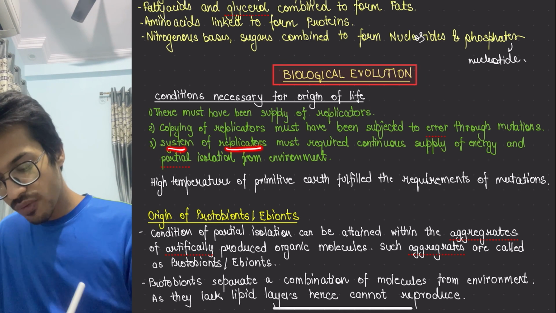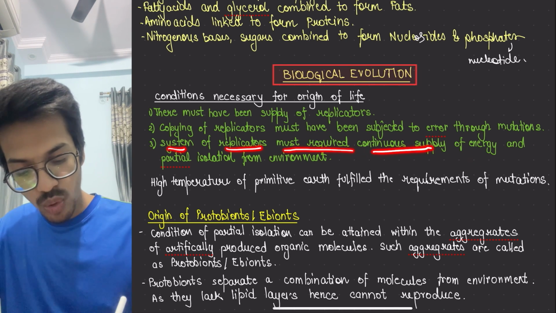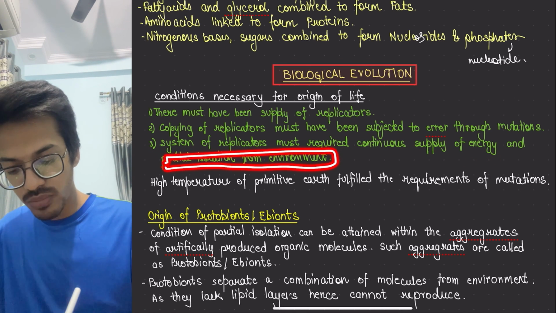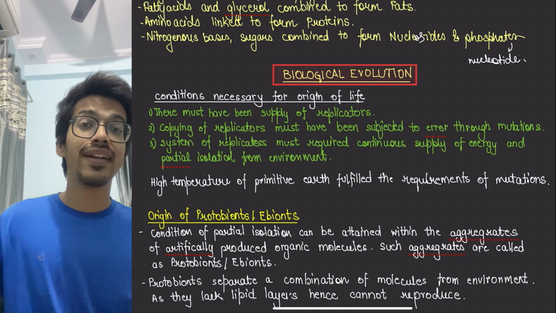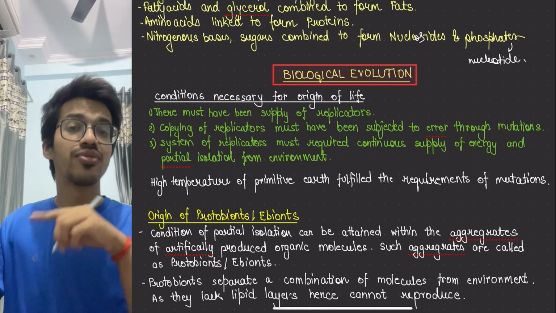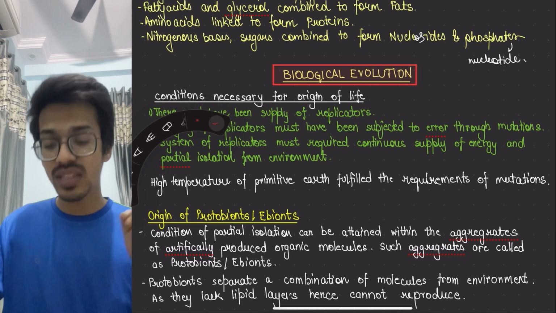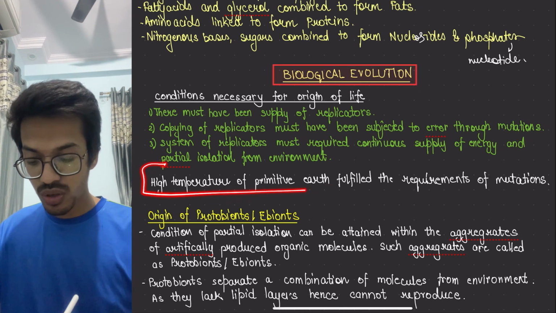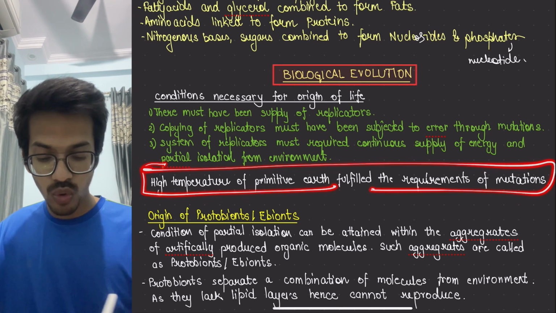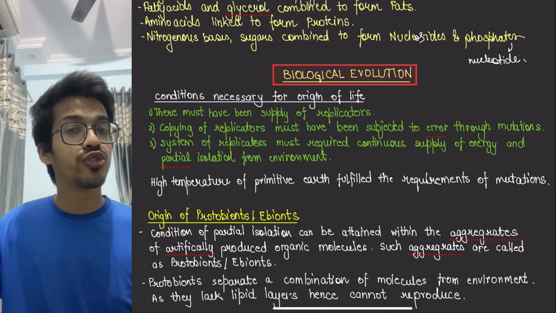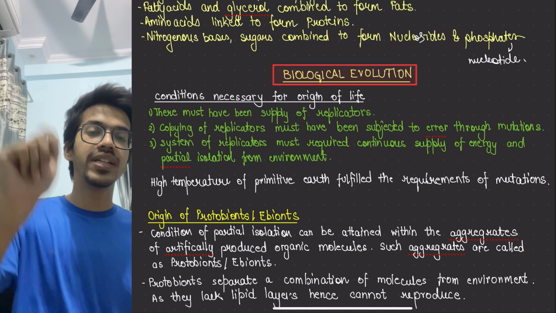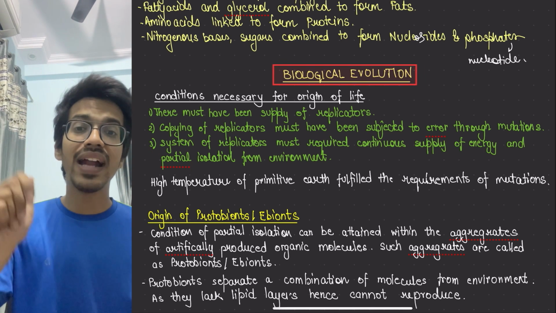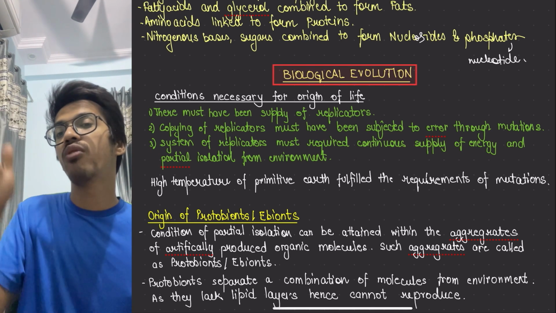The system of replicators requires a continuous source of energy and a partial isolation from the environment, so that there is no disturbance from any other species or substances. And the high temperature of the primitive earth fulfilled the requirement for mutation, because higher temperature means higher mutations. So mutations might have occurred and added more types of organisms.